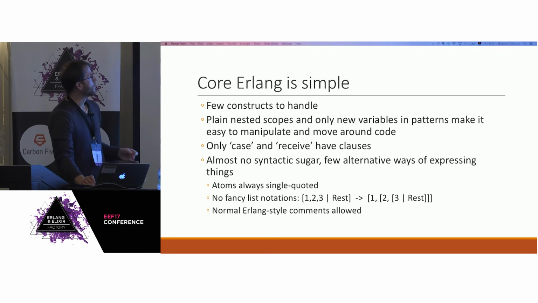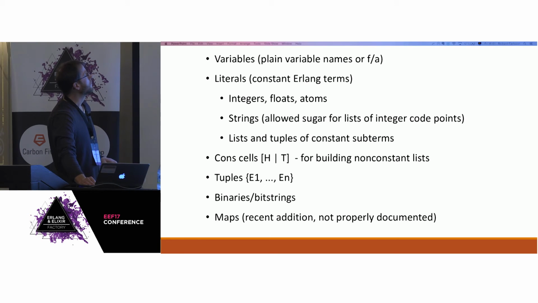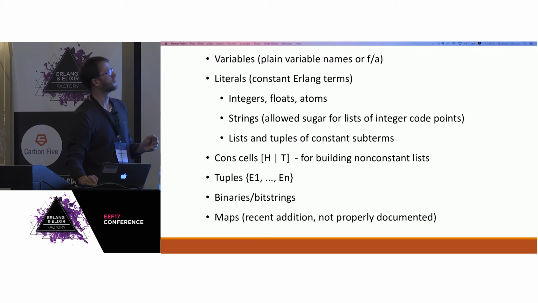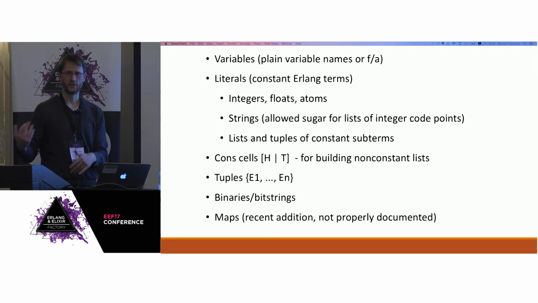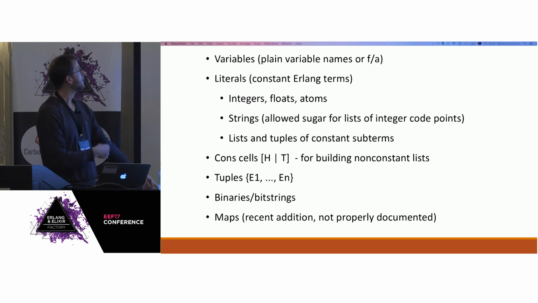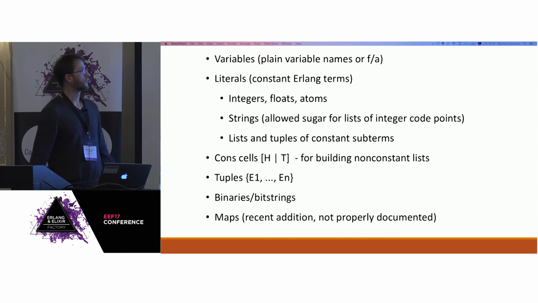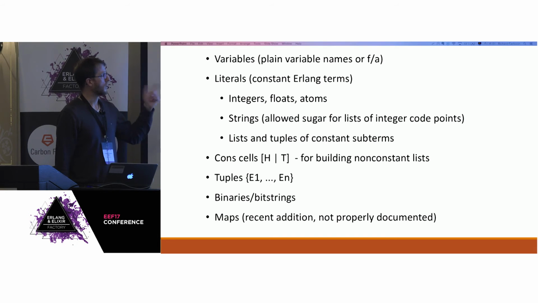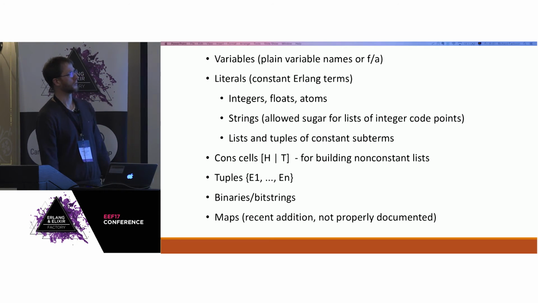Okay, so let's look at what the constructs in Core Erlang are. There are variables. They can be plain variable names or function/arity, which makes it easier to track which things are exported and so on. There are literals, constant terms, like integers, floats, atoms. We do allow strings as syntactic sugar for lists of integers. And you can have lists and tuples of constant subterms.